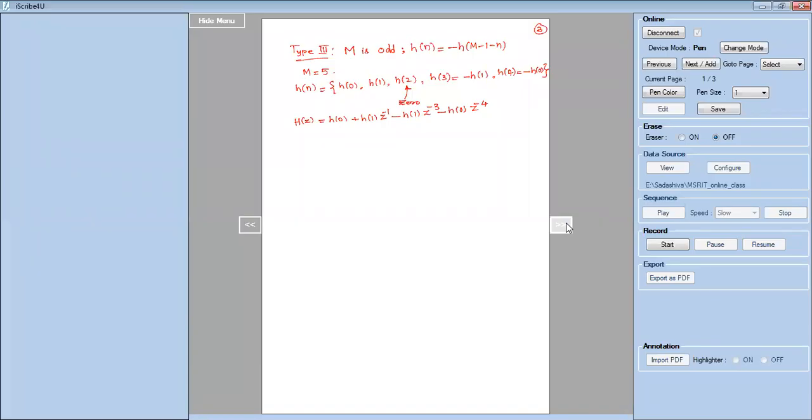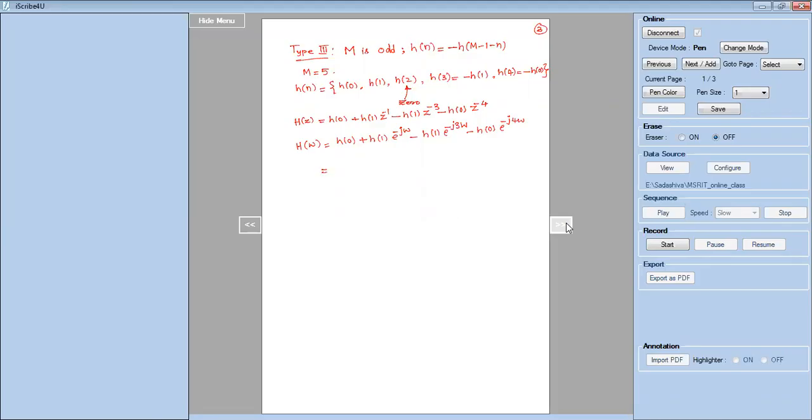Clear? Right? So if I consider h of omega, it will be h of 0 plus h of 1 into e to the power of minus j omega, minus h of 1 into e to the power of minus j 3 omega, minus h of 0 into e to the power of minus j 4 omega.